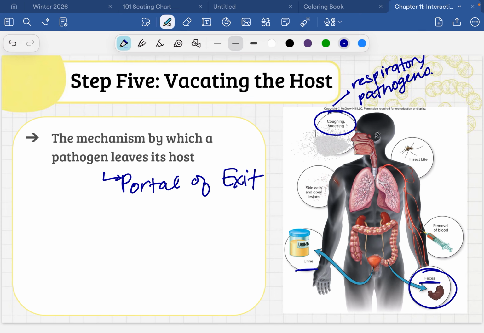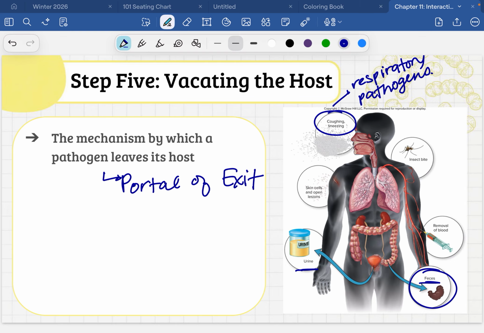This is why it's really important to wash your hands after you go to the bathroom. A lot of illnesses and diseases that occur in humans occur through the fecal-oral route. And again, we're going to talk a lot more about specific portals of exit and entry when we talk about particular illnesses. And these are the types of things that you will have to know.